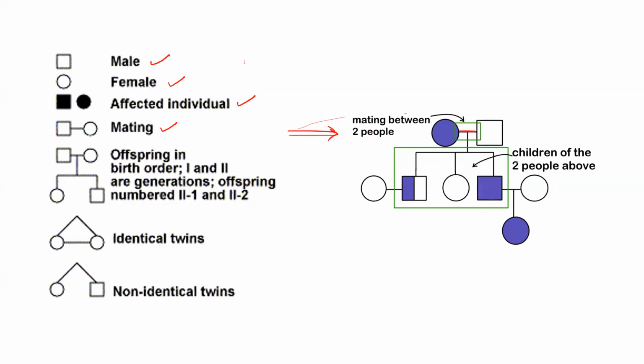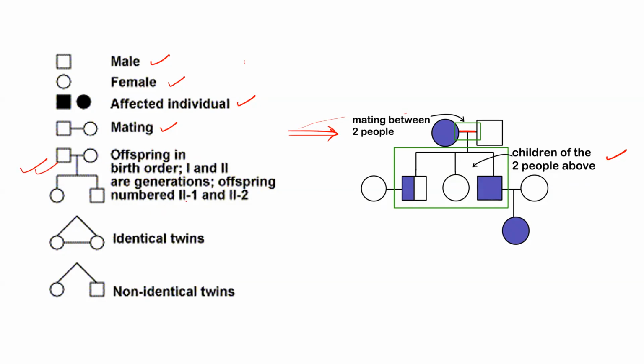Here you see this box, this green rectangle, you see children of the two people above. It shows the number of children this couple has. What does this show? Offspring in birth order. 1 and 2 are generations.